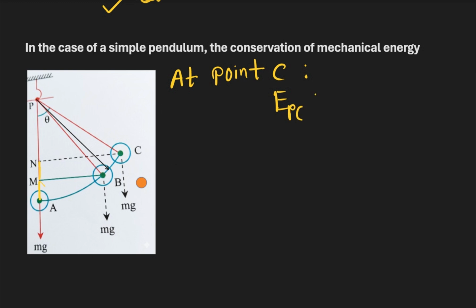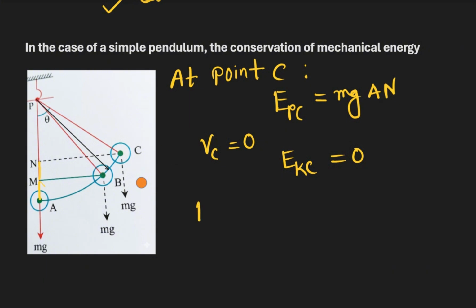Potential energy at point C is mg, and the height is, as I said, AN, so it needs to be right, A and N. At point C it actually stops and then is released, right? Indeed, at point C there is no velocity, so Vc equals 0. Indeed, kinetic energy at point C is 0.